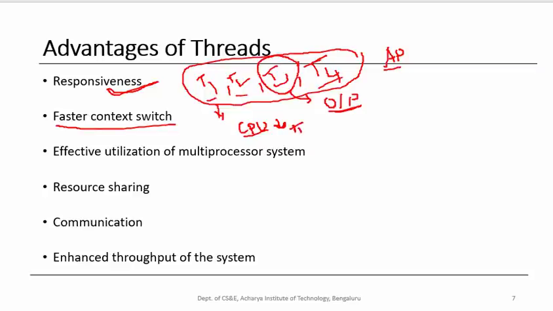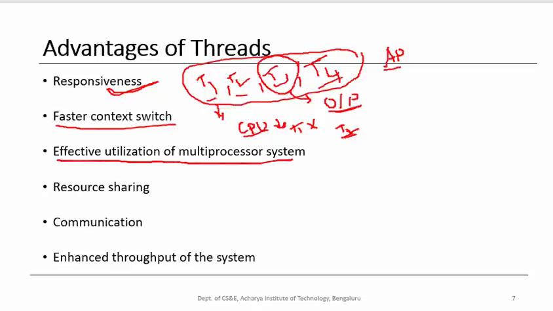For example, if T1 is running, you can remove this T1 and put T2. That is called context switching. Whatever T2 requires to run, the contents of register and program counter are loaded onto the registers and program counter, and this T2 is made to run.